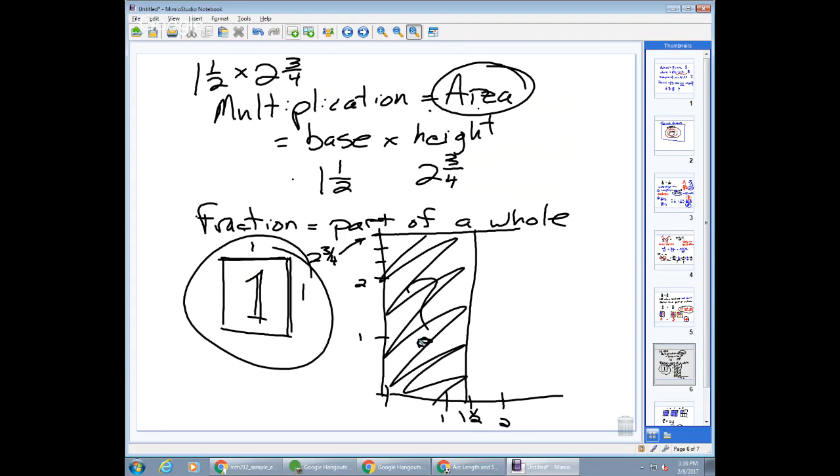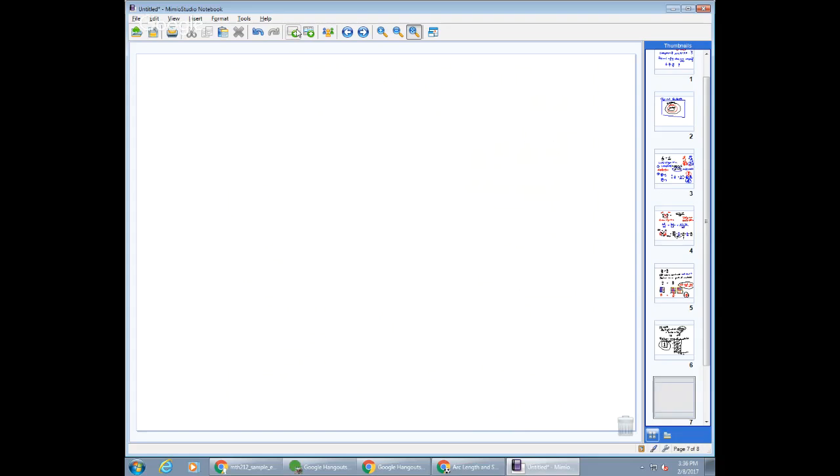So new page, redraw that. So there's 1, 2, 3, 2.5, 2 3/4. 1, 2, 1.5. I need a new color.